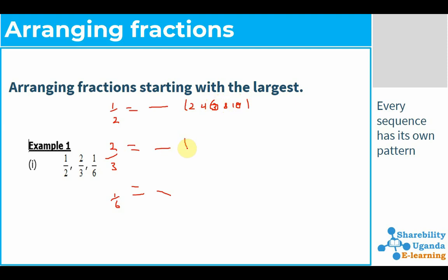Also here we come to the multiples of 3. We have a 3, that is 3 times 1. 3 times 2, we get a 6. 3 times 3, we get a 9. 3 times 4, we get 12. Okay, let's also stop there.